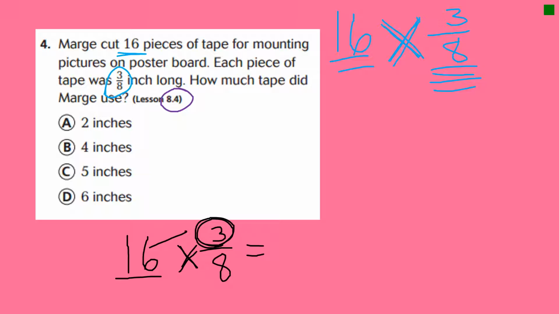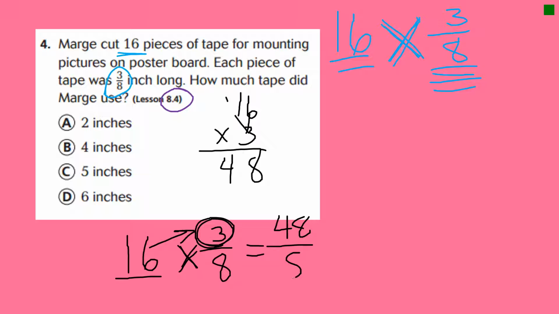So let's multiply the 16 times the 3 because we have 16 of those 3 pieces. All right, so let's see. 3 times 6 is 18. 3 times 1 is 3, plus 1 is 4. Okay, so there are 48 eighths of an inch. 48 eighths.